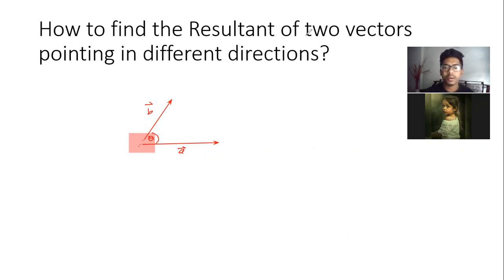In the last class, we discussed that if the two forces are acting in the same direction, then they will add up. Now, let's say there is a box, and if the two forces are acting in the same direction, then together they give the resultant, right?